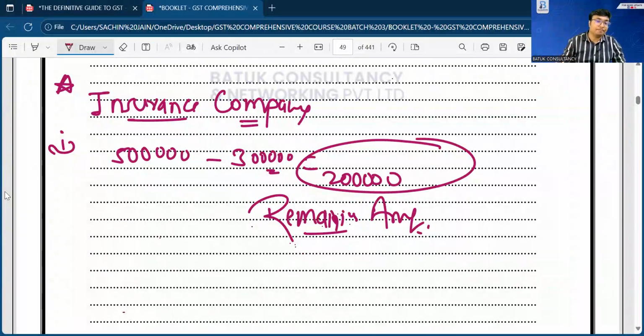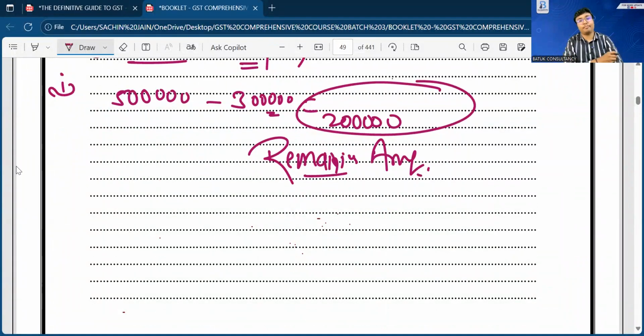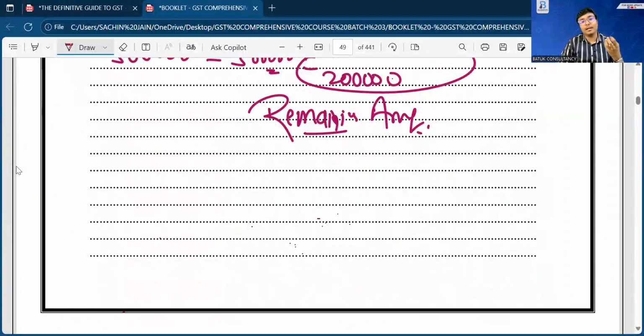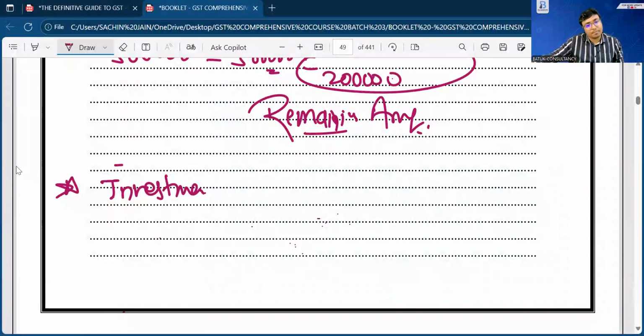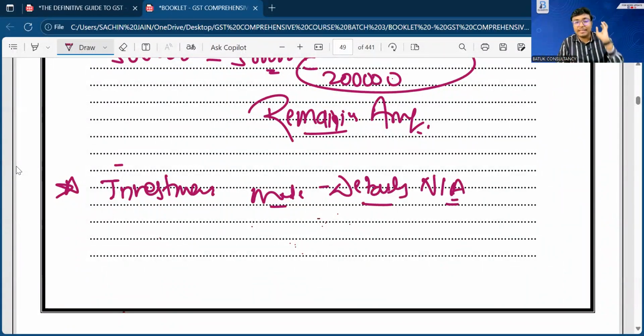Now, suppose I have taken a single annuity policy, okay, and in the insurance policy, they are not providing the details about the investment made. Investment made details are not available, and the insurance policy is a single annuity insurance policy.